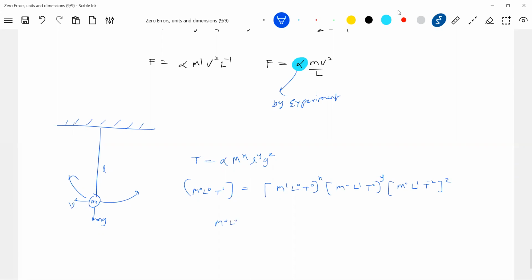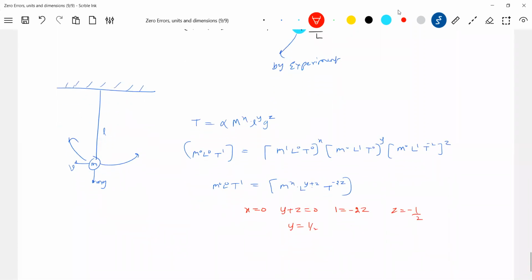This should be M^x L^y L^z T^(-2z). x should be 0. Comparing this, y plus z is equal to 0. Then 1 equals minus 2z. So what is the value of z? Minus 1 by 2. Substituting that, y equals 1 by 2.